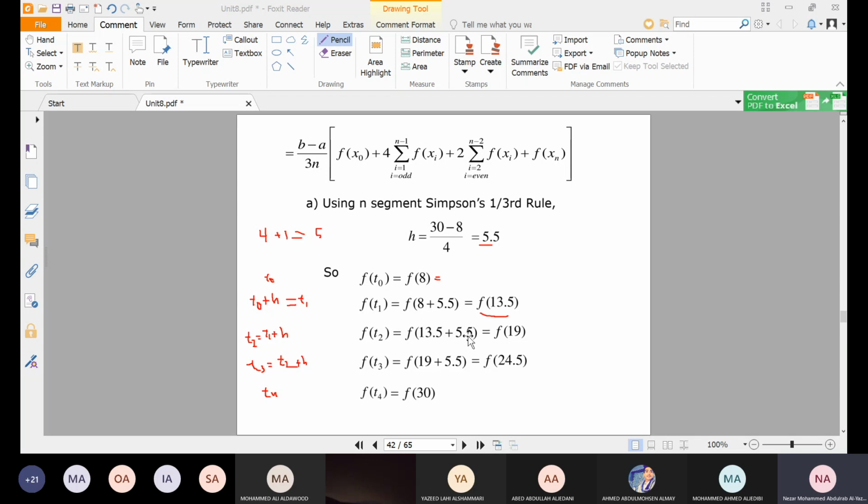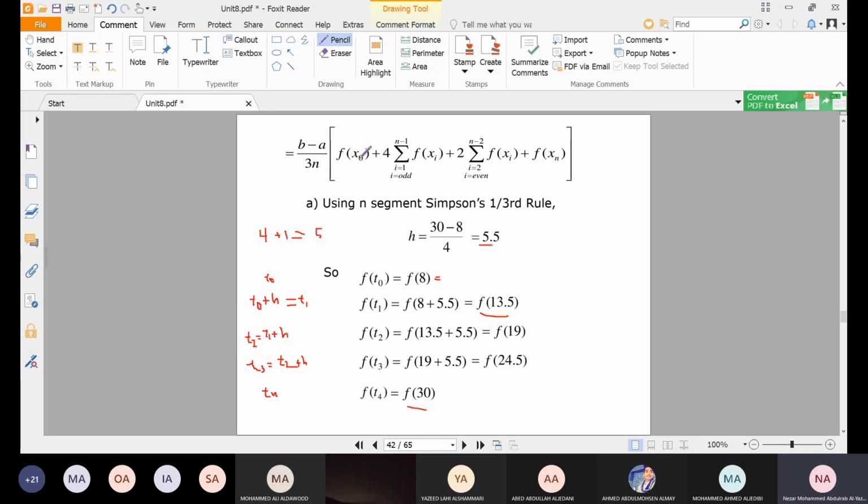And t3 is equal to 19 plus 5.5, so we evaluate the function at 24.5. And this is fn, at tn. So now we know the 5 points.